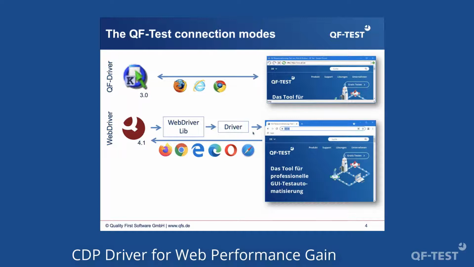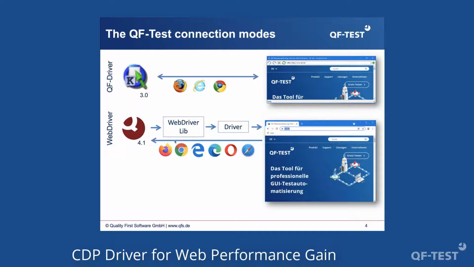So in most cases, you were able to execute the tests which you beforehand, for example, executed on Firefox 43 with QFDriver, now with the WebDriver on a recent Firefox, like whatever it is, 89, 90, or whatever. With some limitations.